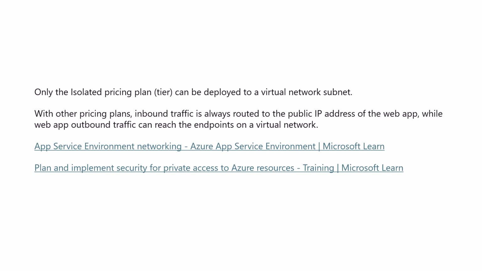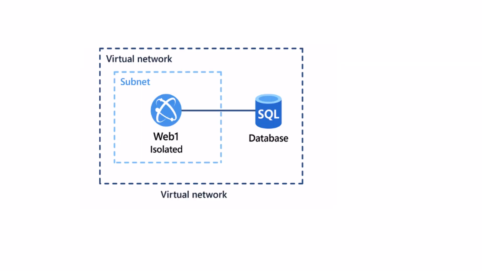But in this specific case, the isolated pricing tier is the only one that can be connected to a network subnet. And again, this is what it would look like basically. You have a web server that is connected to a subnet, and then you need to connect that database. That's why you need that isolated tier.